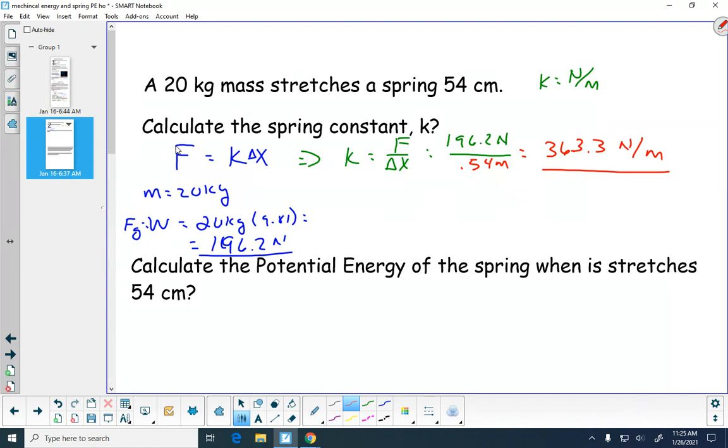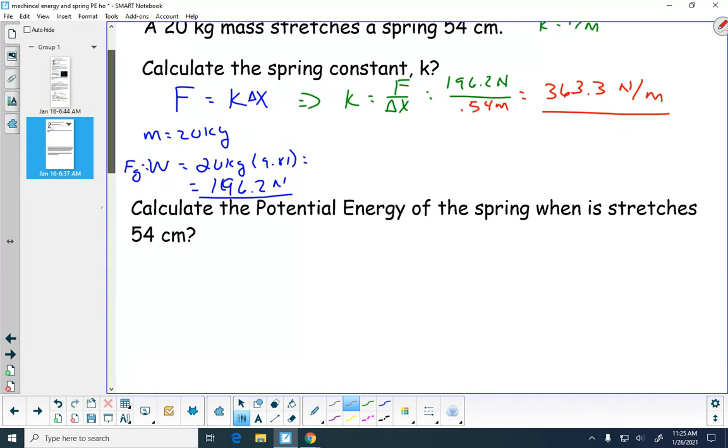Calculate the potential energy of the spring when it stretches 54 centimeters. Well, potential energy, once again, is the amount of work that's being done. Initially, the spring does not have any potential energy. It's just sitting here, not stretched out.